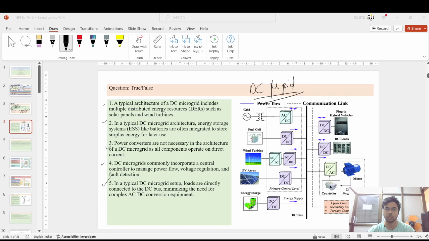Just go through the statements, all the statements. Anybody else who wants to give the answer?